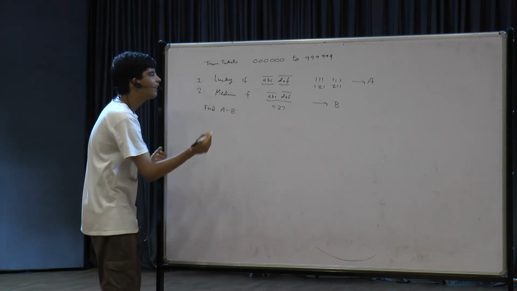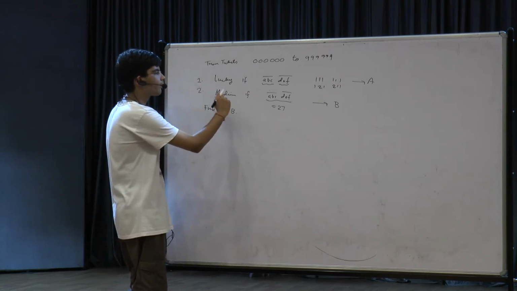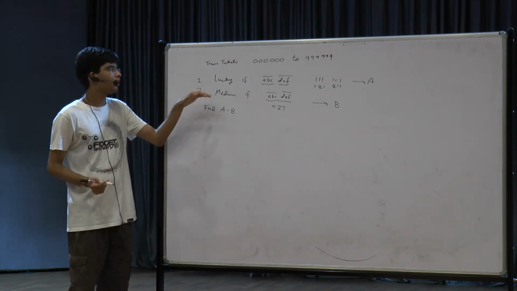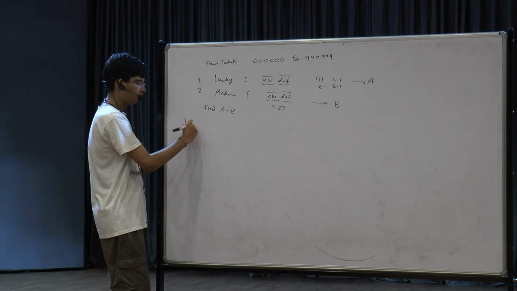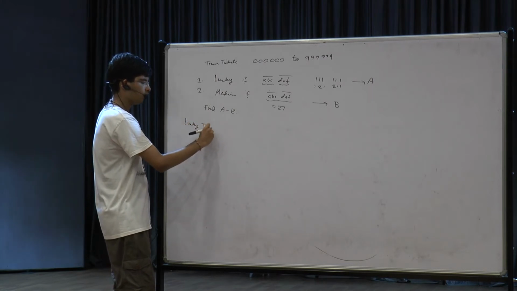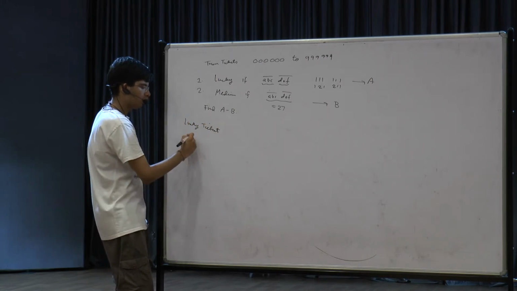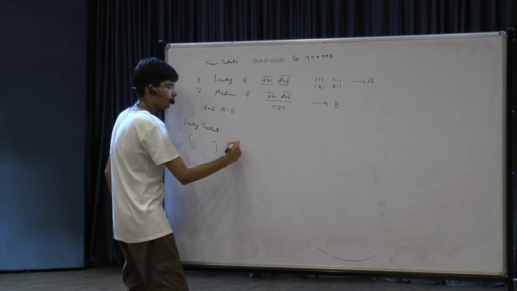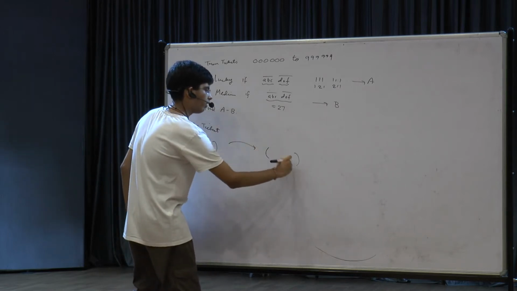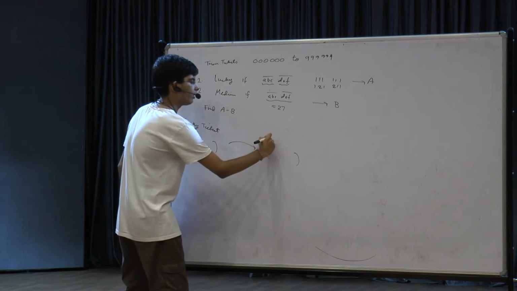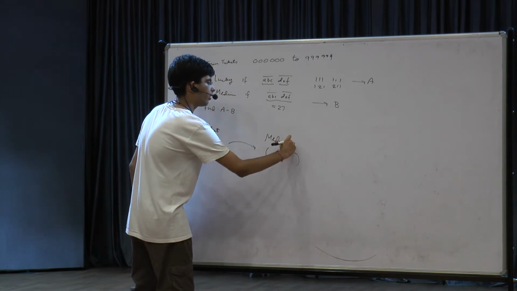No surprise there. Now, to show that, we'll take a lucky ticket, do an operation, and we claim that we'll get medium tickets, and this is a bijection.